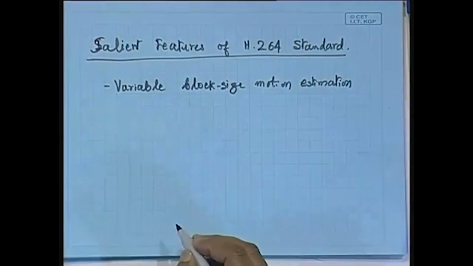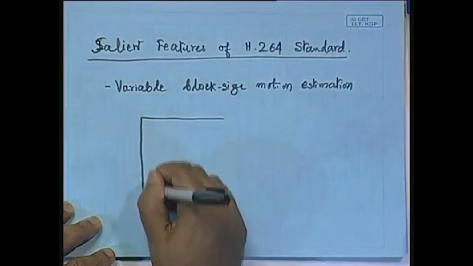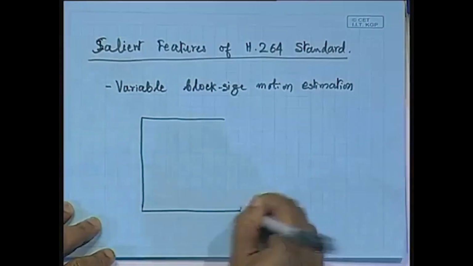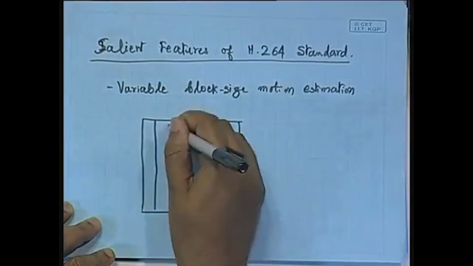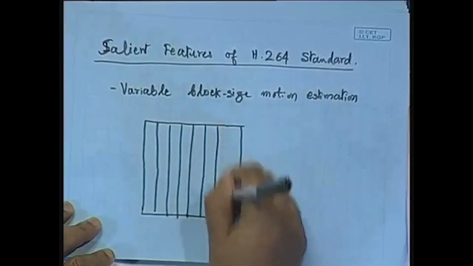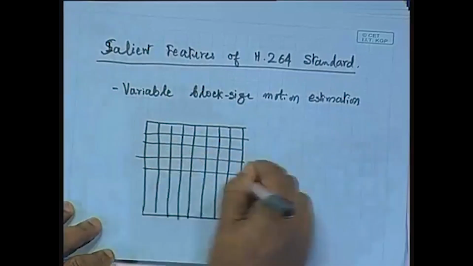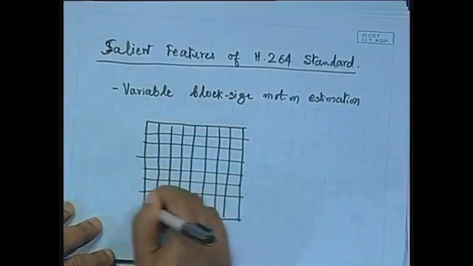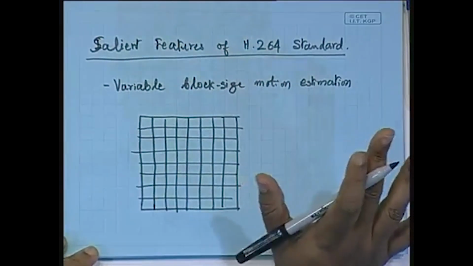Now, you see, so far I was saying that we subdivide the frame into non-overlapping blocks of some fixed size. Fixed size could be 8 by 8. So, it is all fixed block sizes it is partitioned to, conventionally.